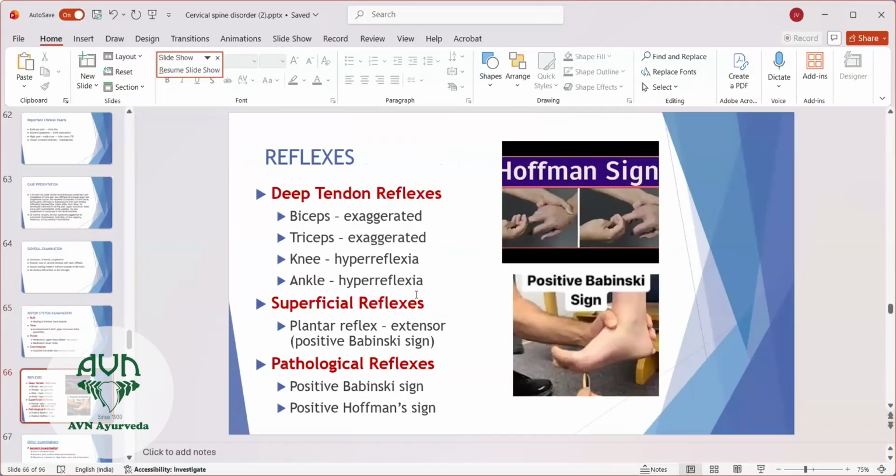On examining the reflexes, the deep tendon reflexes: biceps reflex exaggerated, triceps reflex exaggerated, knee hyperreflexia, that means exaggerated knee jerk, and the ankle jerk is also exaggerated. Superficial reflexes like plantar reflex show a positive Babinski's sign. Hoffman's sign is also positive.